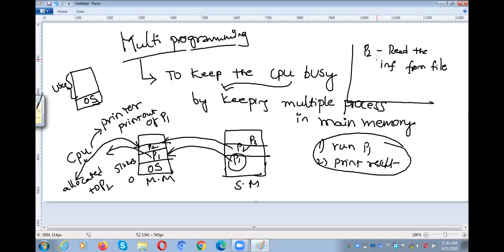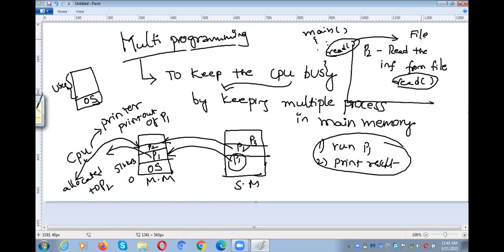What is the process to read the information from a file? In your C programming, you use a command like read. So whenever this particular line is encountered, and for example, this is your program process 2 main, and in the lines you have a function called read. So whenever it appears, you need to read the information from a file.